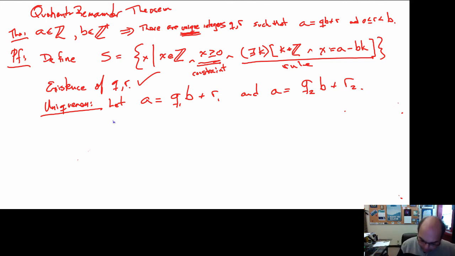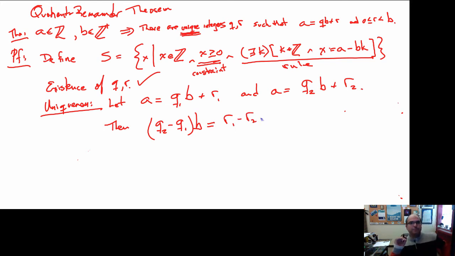In that case, here's what I'm going to do. I'm just going to subtract them, and I will end up with q2 minus q1 times b is equal to r1 minus r2, just rearranging terms. Now let's assume, and the phrase that mathematicians like to use is assume without loss of generality, meaning that this assumption is harmless.